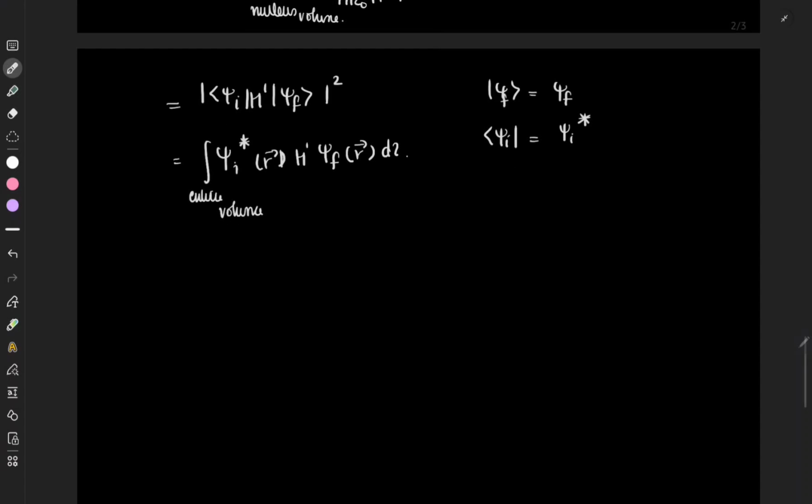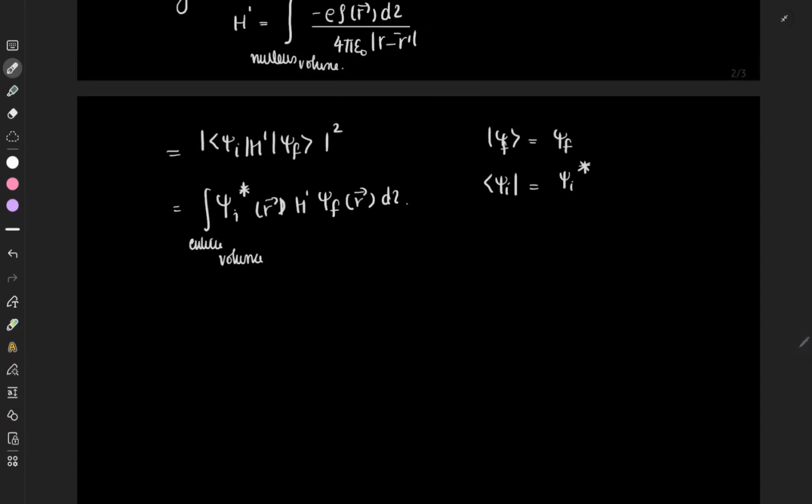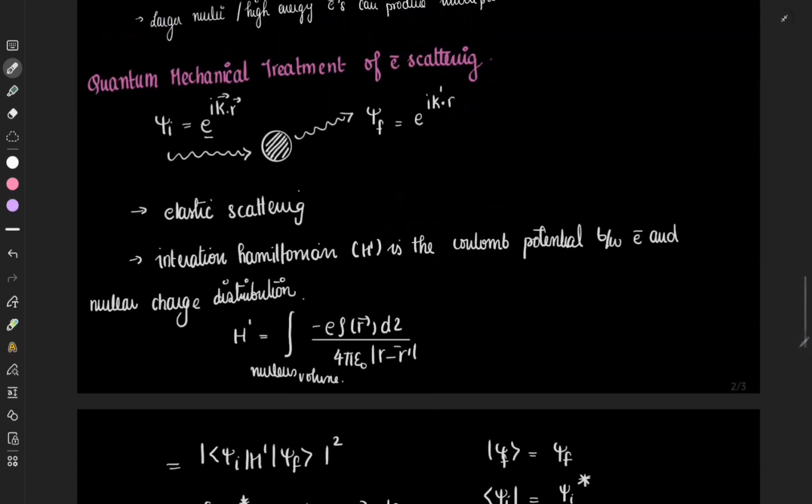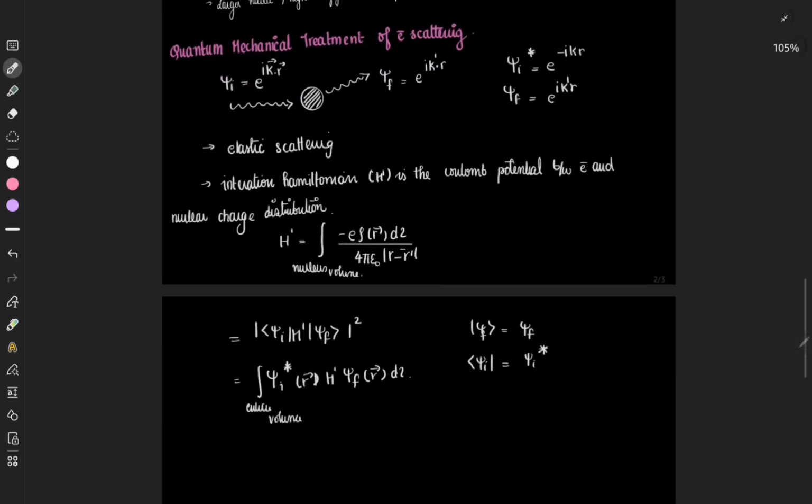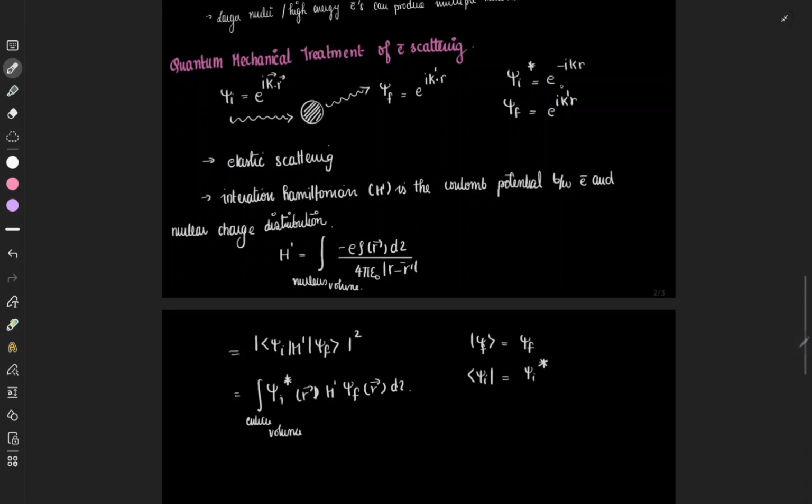Now what you're going to do is just substitute. We know psi i is e raised to i k dot r, so psi i star is e raised to minus i k dot r, and psi f is the same thing with k dash dot r. Now the multiplication of psi i star and psi f is e raised to i r common, k prime minus k.